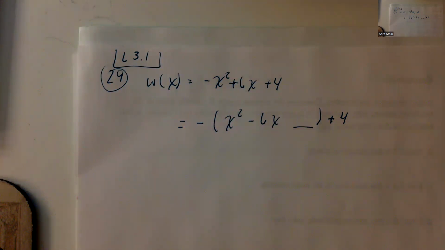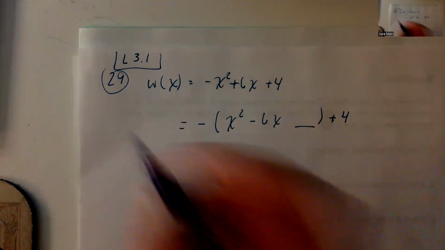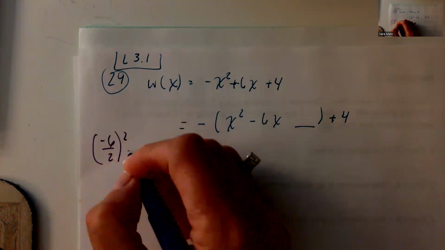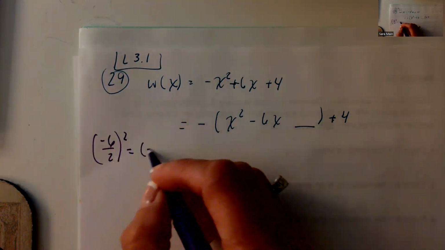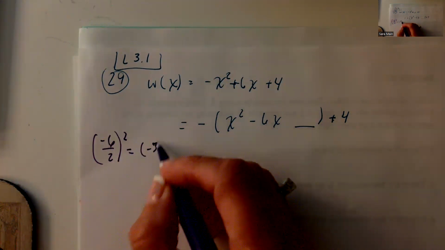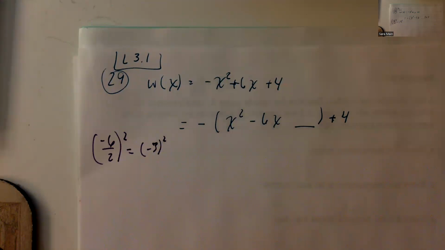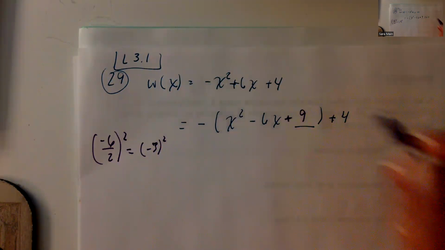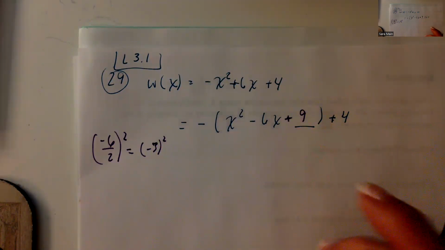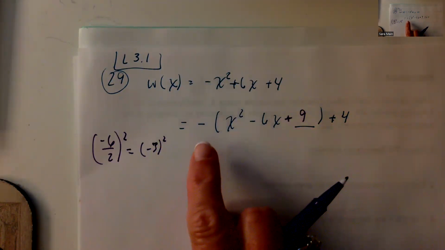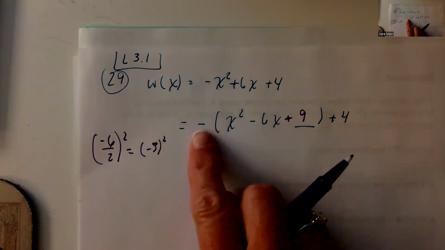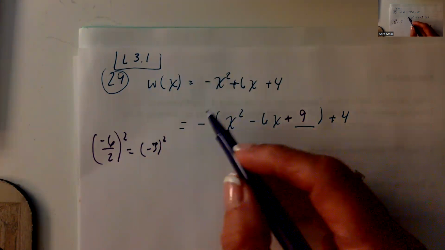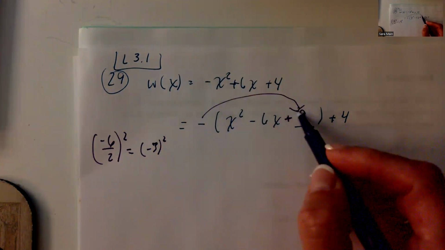So to complete the square, I have to take half of -6 and square it. So that's going to be -3 squared. So I'm going to be adding 9. But because I'm subtracting out front, I'm really subtracting 9 if I were to distribute that through.